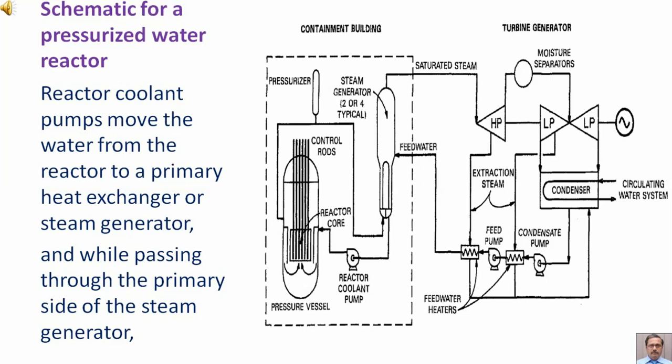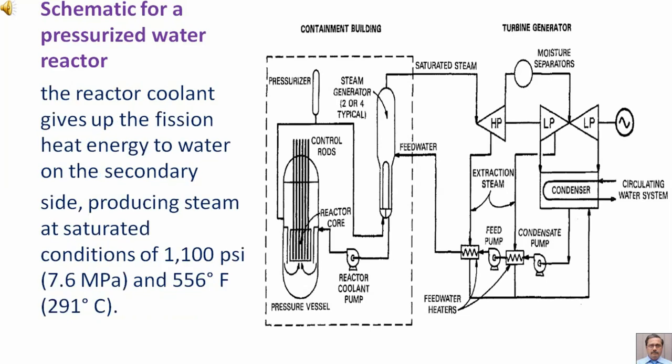Reactor coolant pumps move the water from the reactor to a primary heat exchanger or steam generator, and while passing through the primary side of the steam generator, the reactor coolant gives up the fission heat energy to water on the secondary side, producing steam at saturated condition of 1100 psi at 556 degrees Fahrenheit.